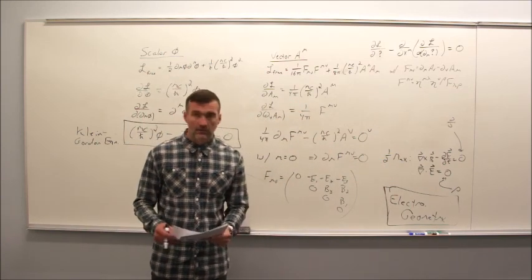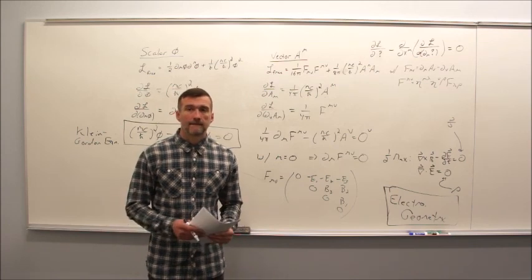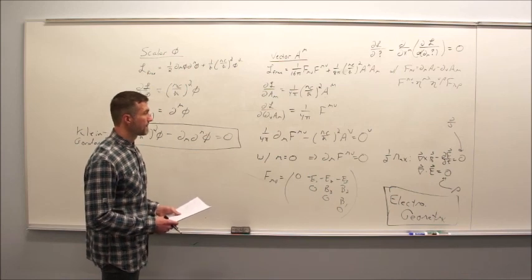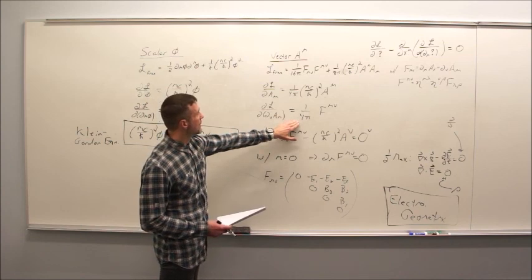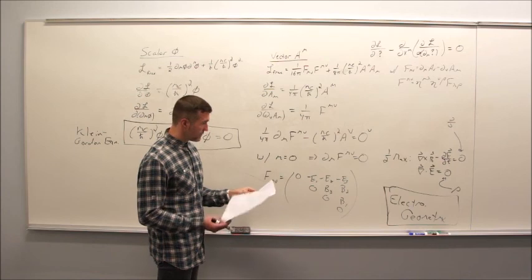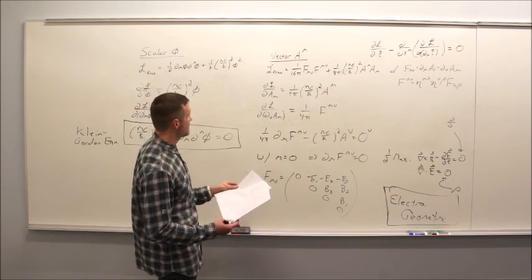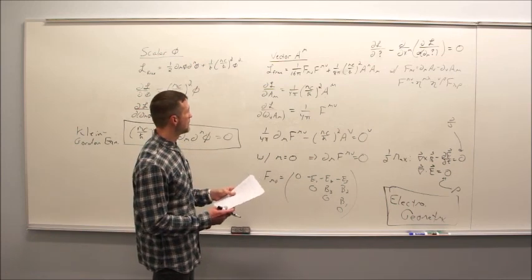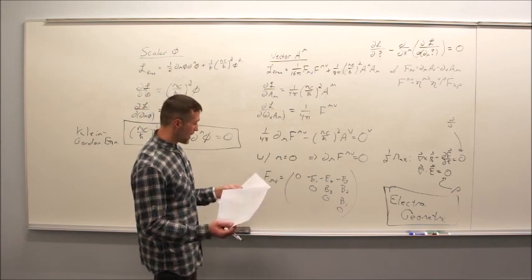Yes? Is it that the second term would be 1 over 8 pi F mu nu? This one? Yeah. Why should it be 1 over 8 pi? Well, if there's a 1 over 4 pi in front of both of them, then... It's just when you rewrote the final equation.